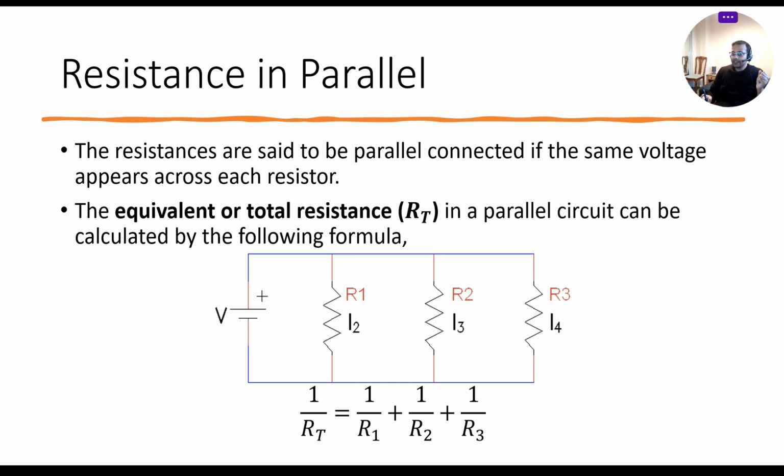Now, resistances connected in parallel. In case of resistances connected in series, the current was the same. The current flowing through all the resistances connected in series was the same, but they had different voltage drops.